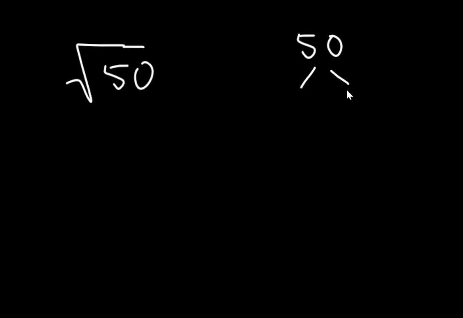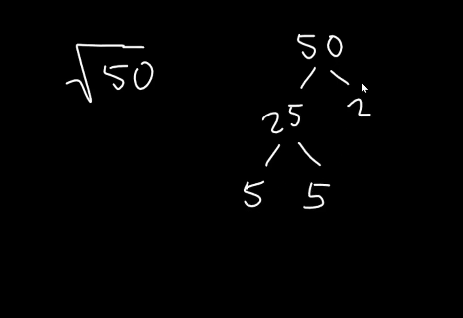So just factoring, for example, the square root of 50. If we prime factored it, 50 can be separated into 25 and 2. 2 is a prime number, so we can just simplify the 25 into 5 and 5. The prime factorization of 50 is 5, 5, and 2.